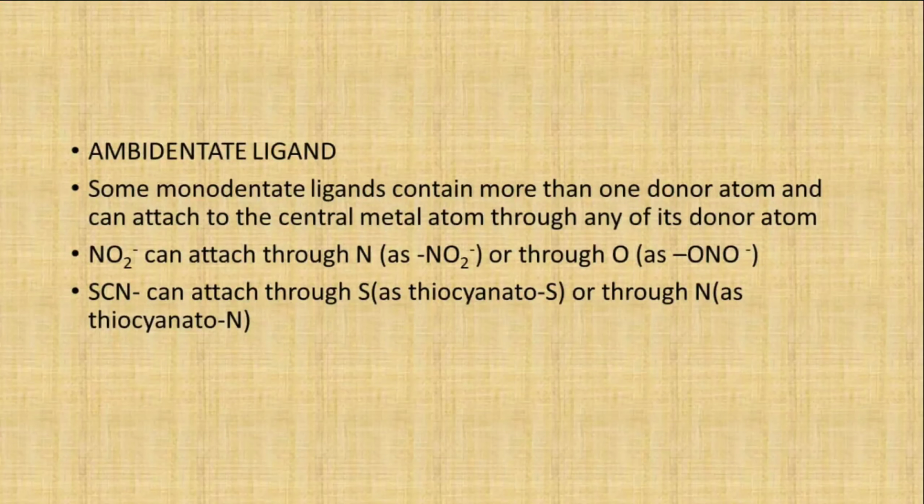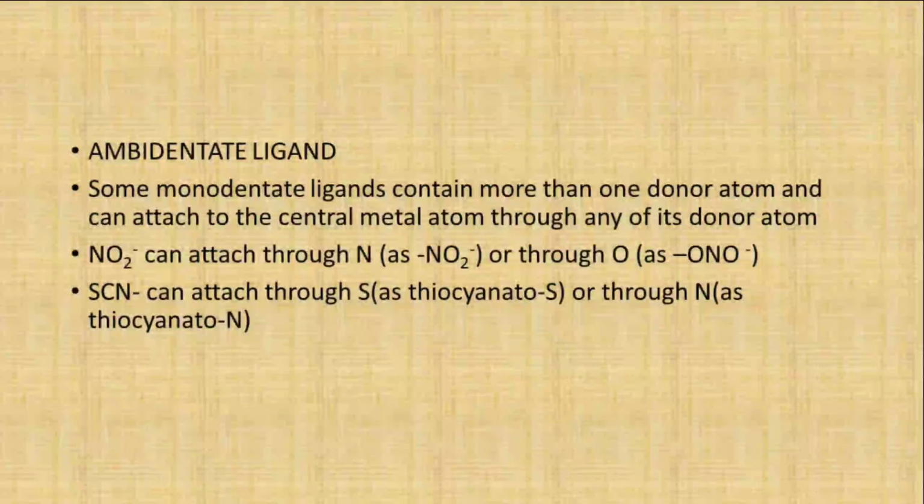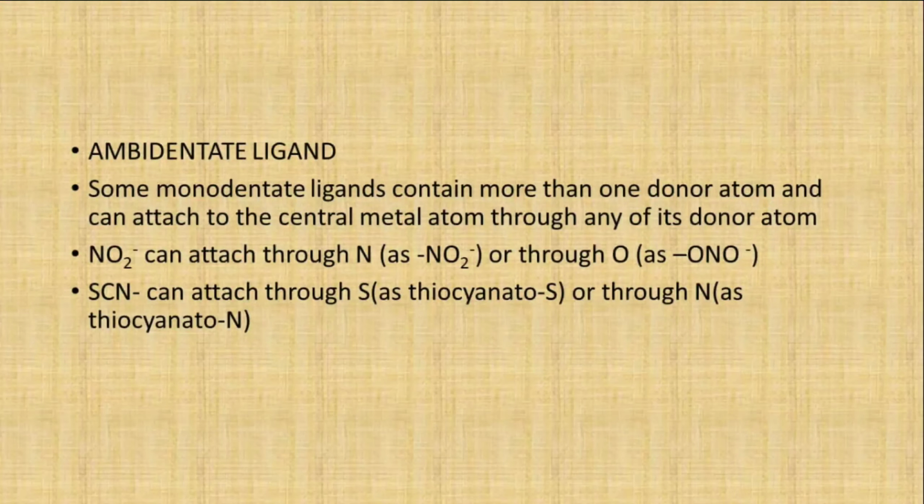It's not that N and O together are coordinating. So NO2 minus ion can coordinate either with N or with O. If it coordinates with N, we call it nitrito-N. If it coordinates with O, we call it nitrito-O. So O denotes the donor atom.